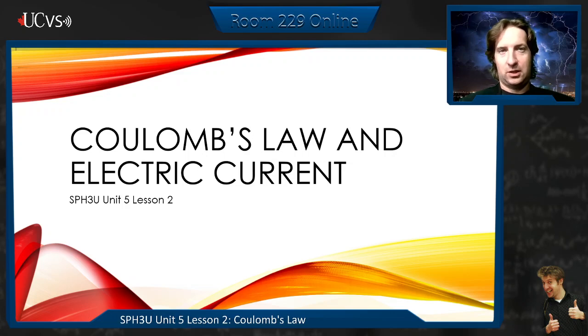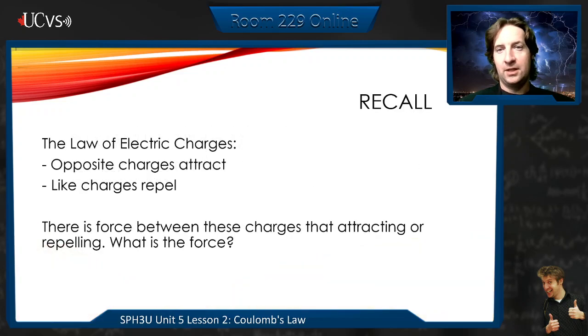So let's talk about some of the ideas in a more general sense and come up with some mathematical expressions to help us understand these ideas. First off, let's go back to the big idea of grade 9 electricity, which is what we call the law of electric charges.